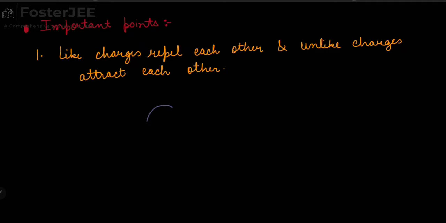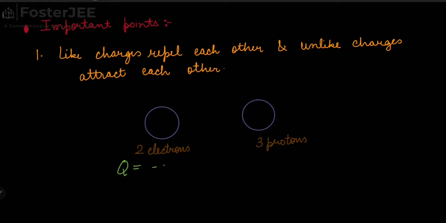Suppose there are two bodies. First body has two electrons and second body has three protons. Now, what will be the total charge on this body? That will be minus twice E, because the charge on an electron is minus E. Similarly, what will be the total charge on this body?